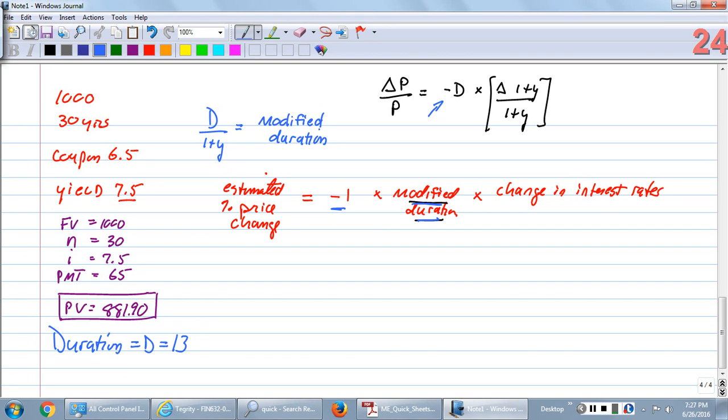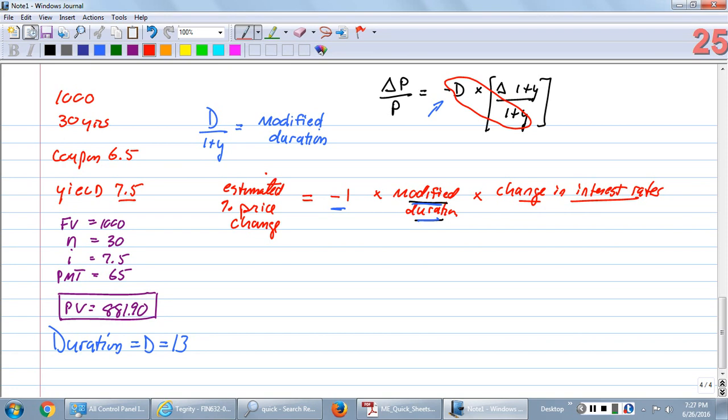You don't need to know that, but it's Macaulay duration. I think the Macaulay family might appreciate it. But if you look at this, there's modified duration. There's D over 1 plus Y. And then I have simply the change in interest rates. Their formula says the change in 1 plus the interest rates, but it's still going to be the same because the ones will cancel out.